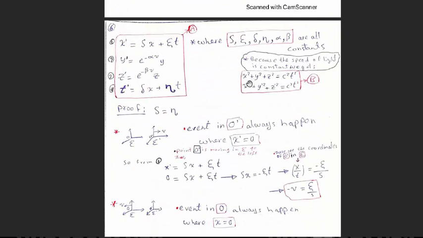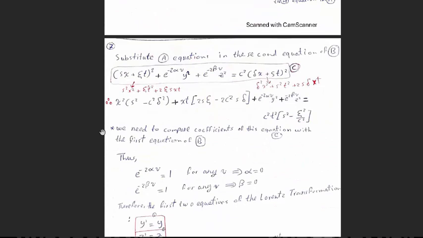Yeah, this. The coefficient of x square is 1, the coefficient of y square is 1, z square coefficient is 1, c square t square is 1. But we got here for x dash the coefficient s square minus c square delta square, and this must equal 1.